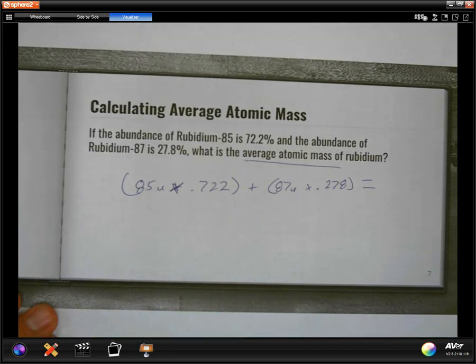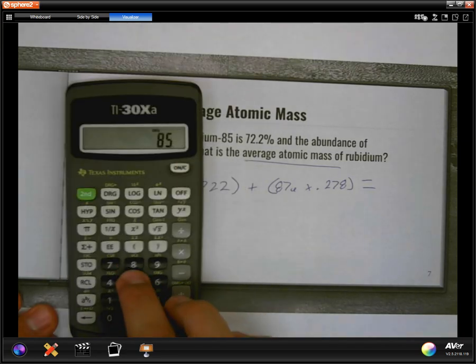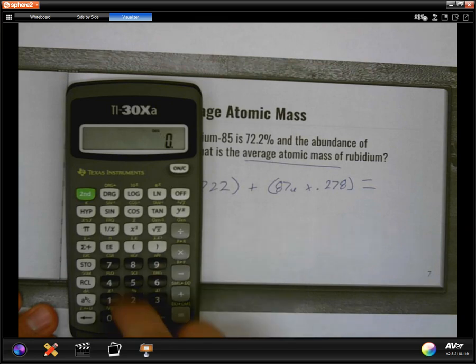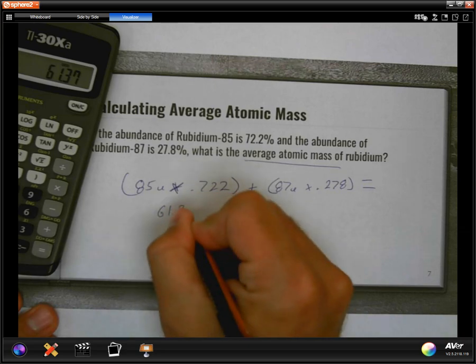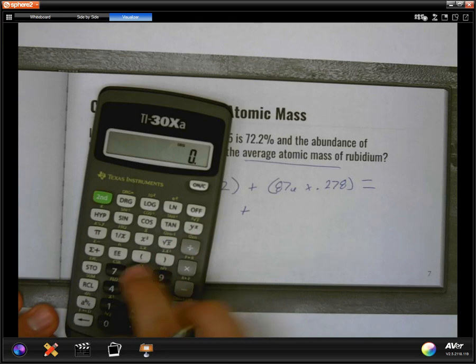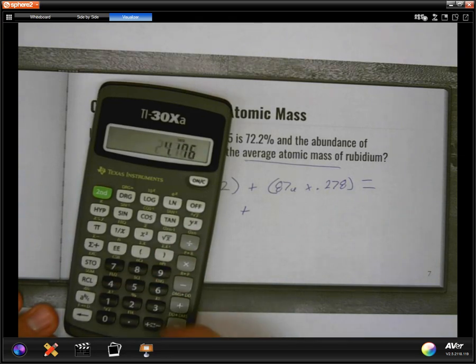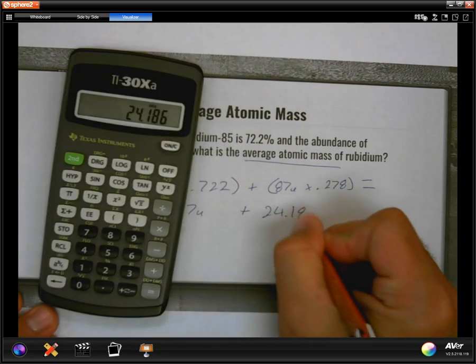So all I simply do now is put that in my calculator. I would take 85 times 0.722, and I get the number 61.37. Then I'm going to add that to my 87 times 0.278, and I get 24.186.